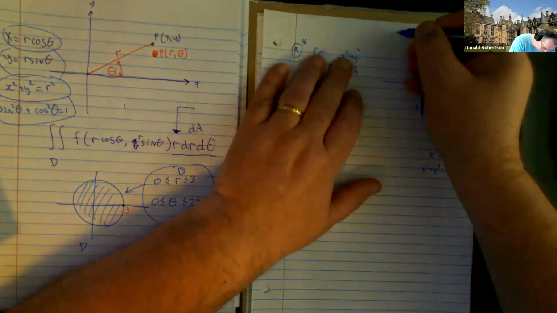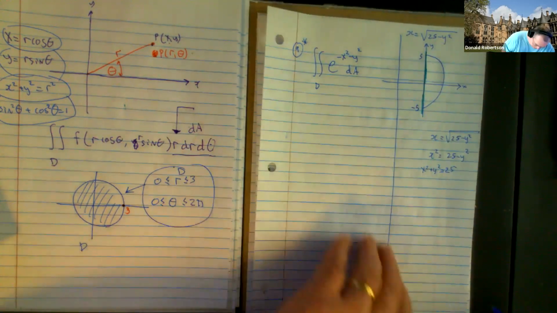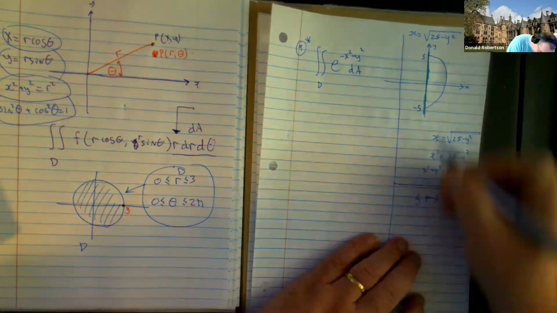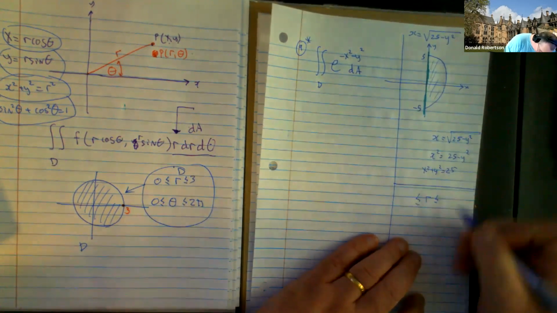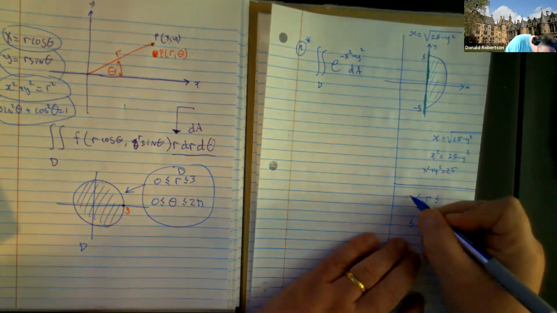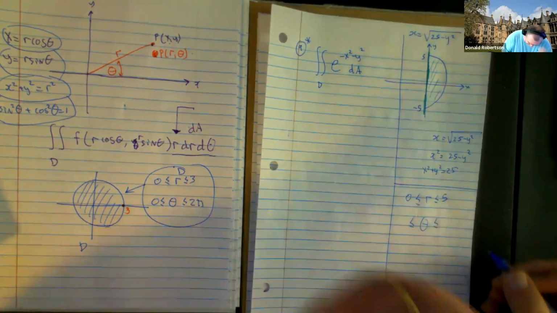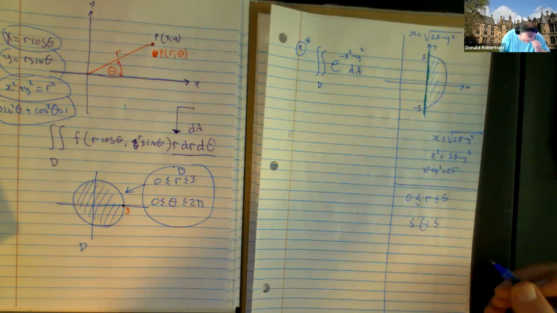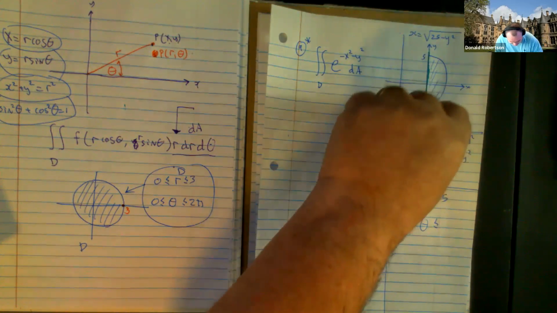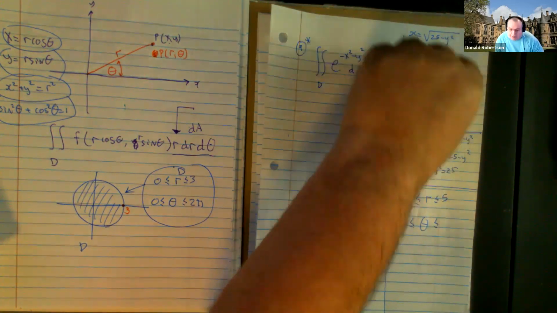So we've got that little boundary line here, which means I should be able to describe r and theta. r is going to go from 0 to 5. And we talked about this at the start of today. What are the range of thetas to make this shape happen?